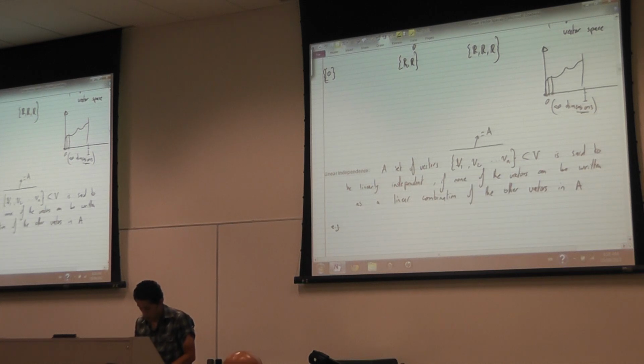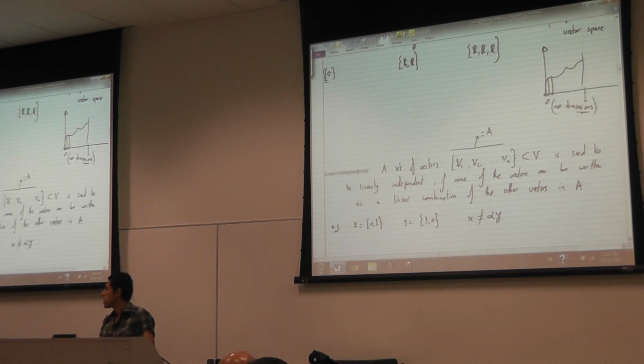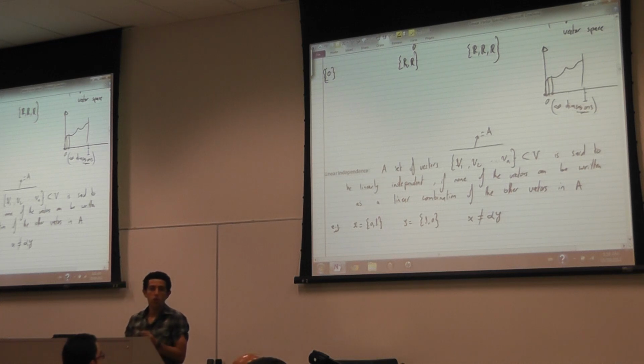Example, the vector x, which is equal to (0, 1), and vector y, which is equal to (1, 0). x can never be equal to alpha y. You can never find a real number that relates x and y. So those two vectors are linearly independent.